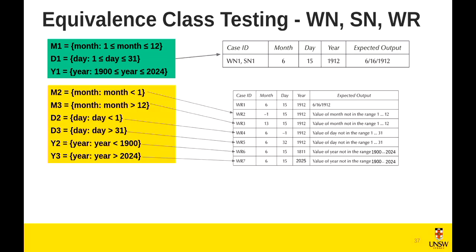So in the end, we will have 7 test cases for weak robust equivalence class testing, and this is because weak robust means that it is weak. We only need to make one variable invalid each time. So that's quite simple. We just consider one of them every time and apply the invalid equivalence class.